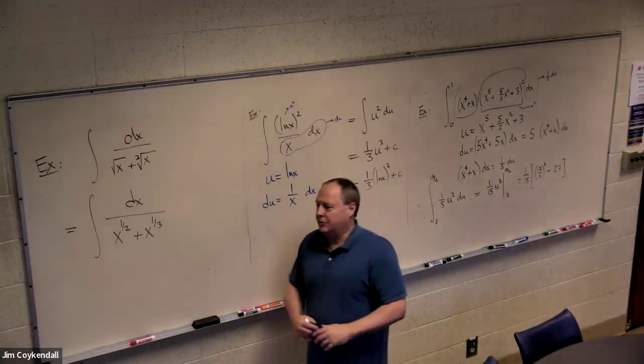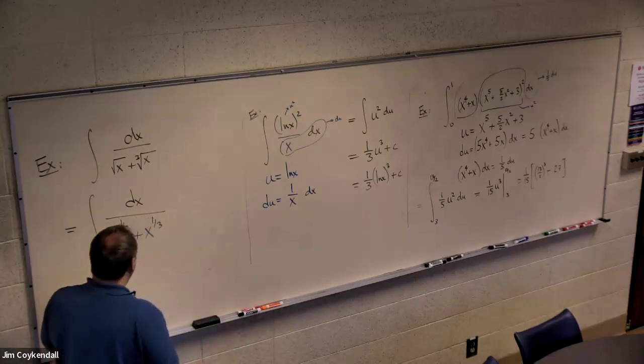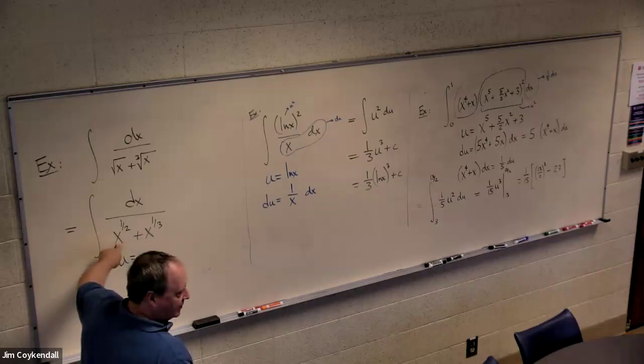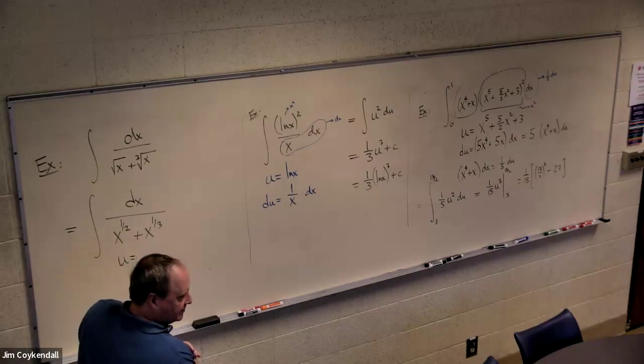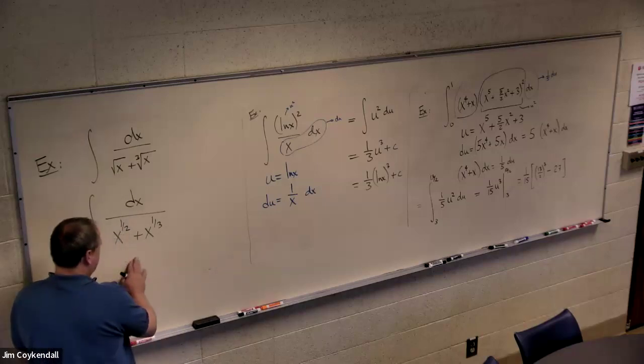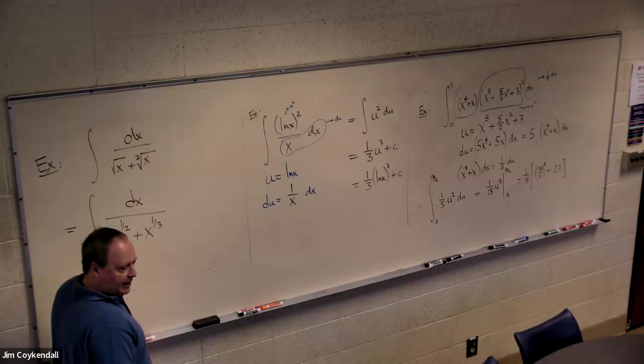Anybody think of a substitution where I can make a replacement and turn this into integer powers of u instead of these fractions? So I want x to the 1/2 to be an integer power of u, and this would be an integer power of u. What'd you say? What's this?